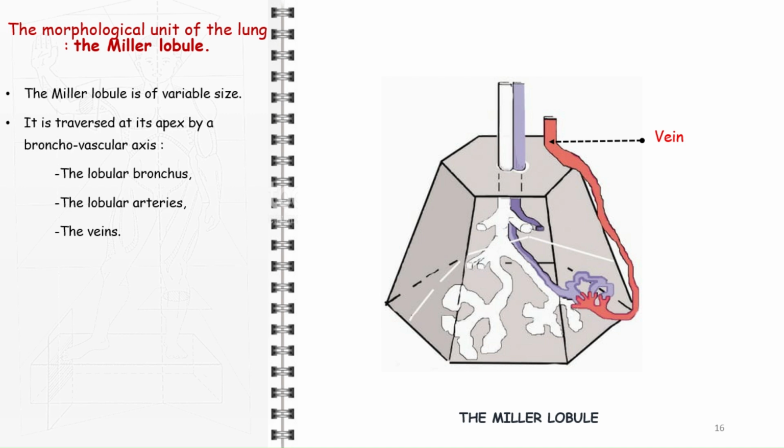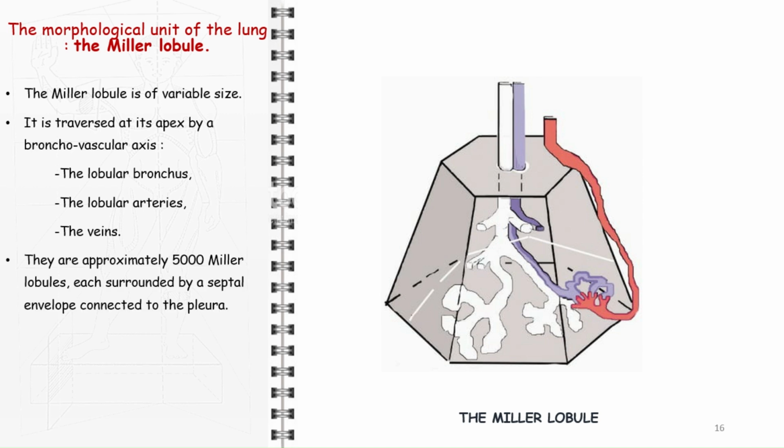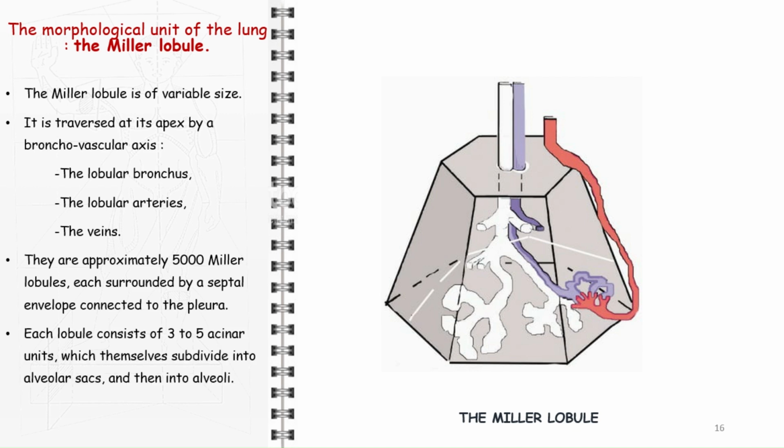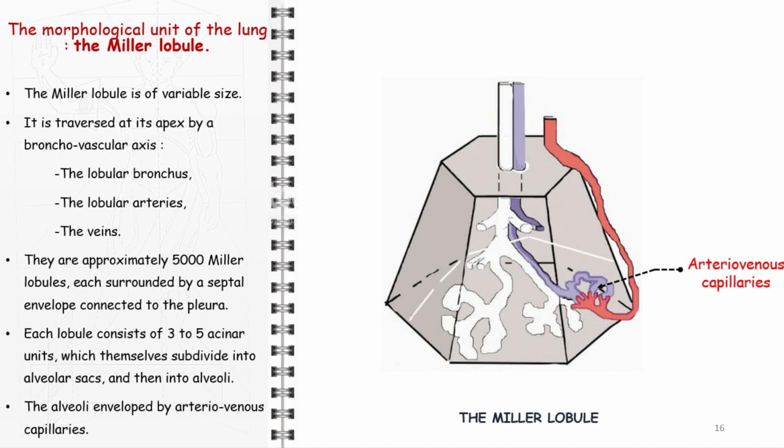The Miller lobules, numbering approximately 5,000 units, are surrounded by a septal envelope attached to the pleura. Each lobule consists of 3 to 5 acini, which themselves subdivide into alveolar sacs and then into alveoli. The alveoli are enveloped by arteriovenous capillaries.